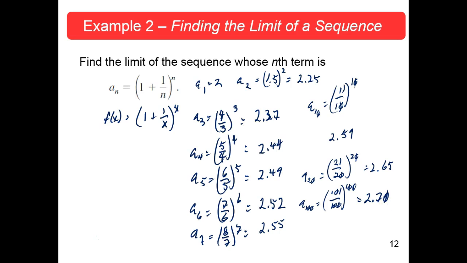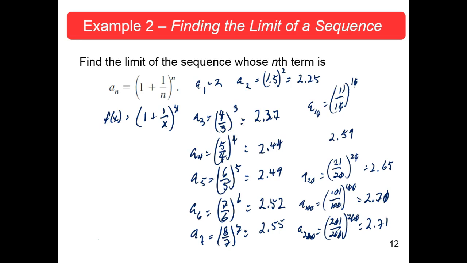Let's try 200. 201/200 raised to the 200th. 2.71. It sure isn't increasing much, is it?